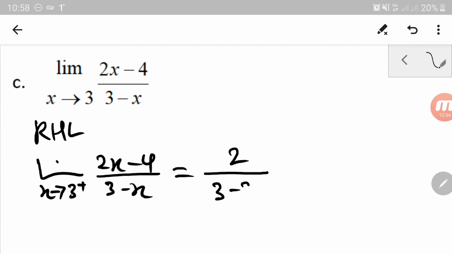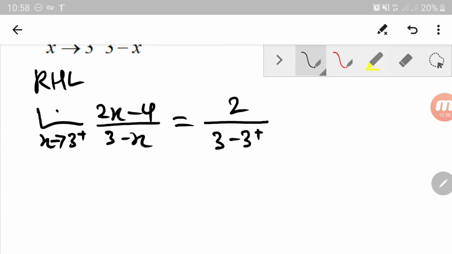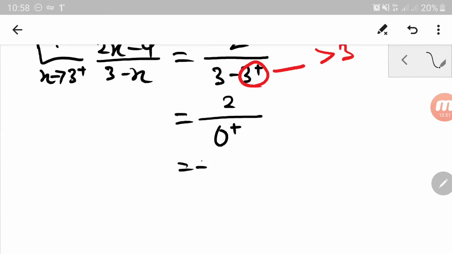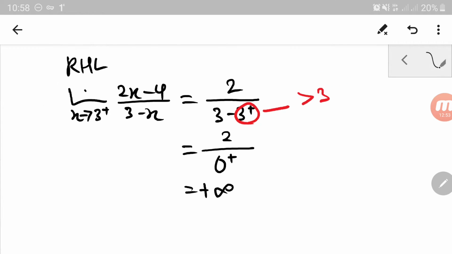And then 3 minus 3 from the right. Okay, remember, 3 from the right means more than 3. Something more than 3, minus 3, is supposed to be a positive number. So it's 0 from the right. Therefore, we have positive infinity.